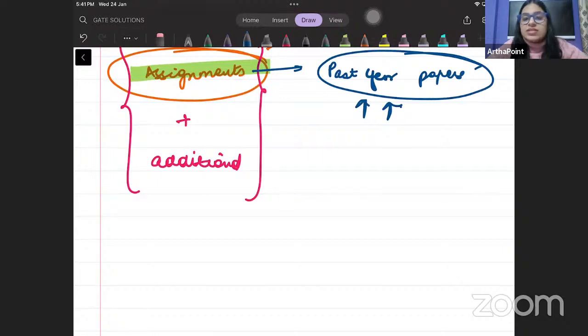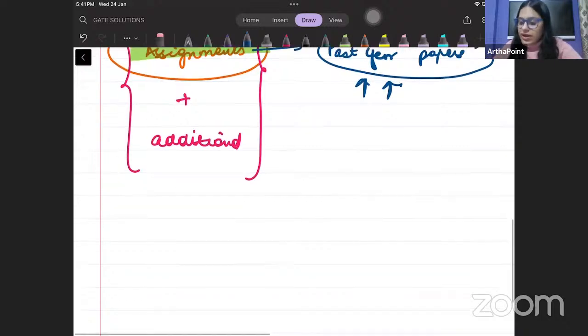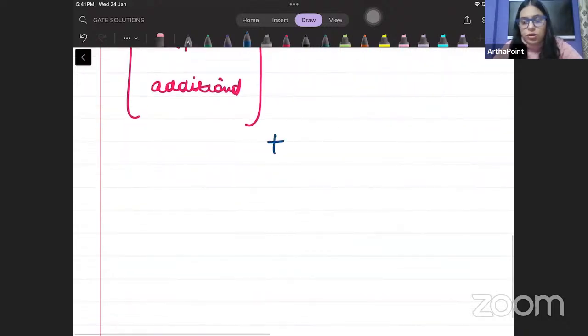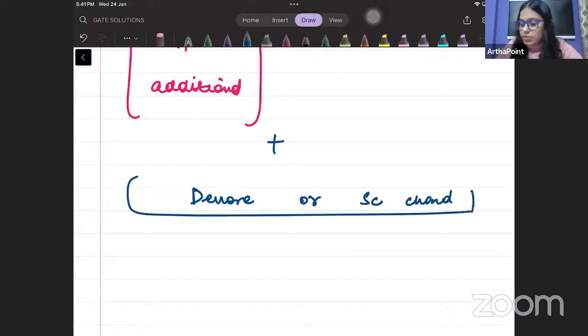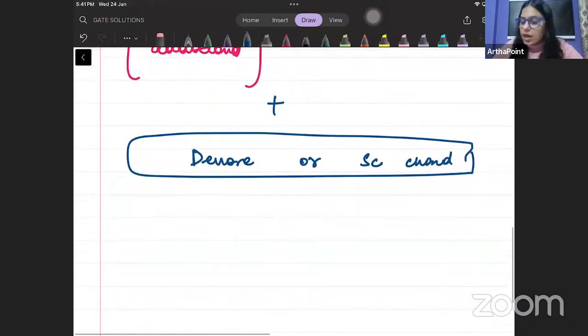Beta, you have to revise stats from the advanced video lectures. That is the best way for revision because that has the maximum content. If you want to refer to any book for revision, then a very good book for statistics can be Devore, or even SC Chand examples can be used, because in India, even in Delhi University, stats honors students use SC Chand for revision.